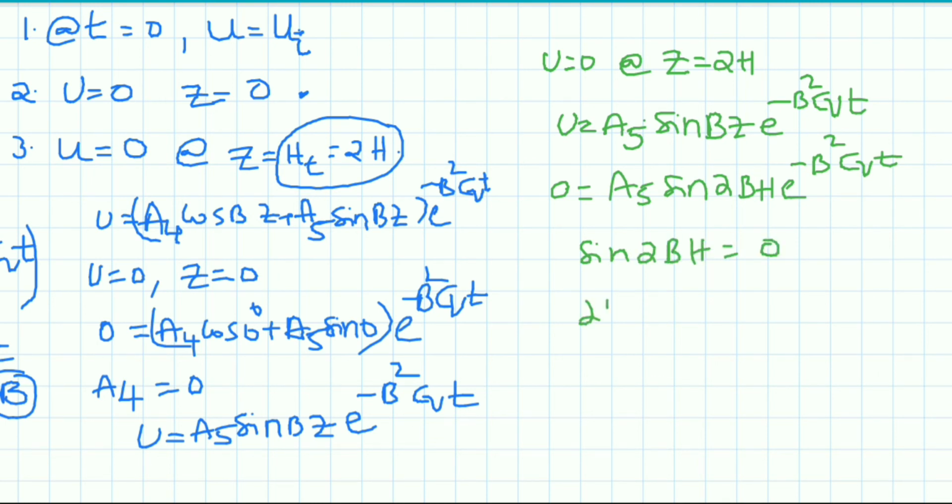That means 2bH equal to n pi and b equal to n pi by 2H.